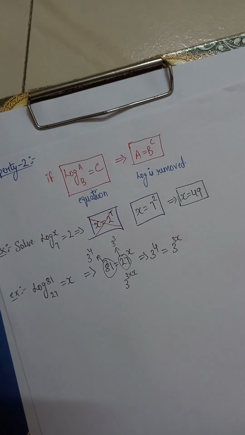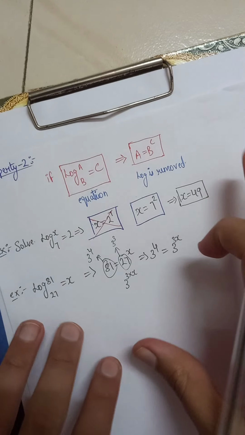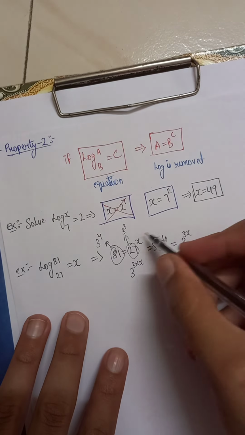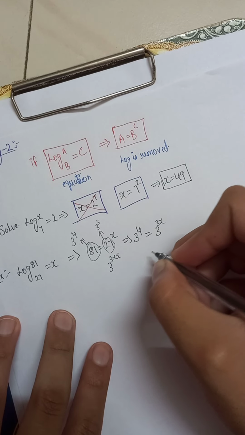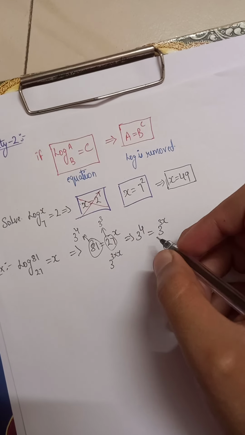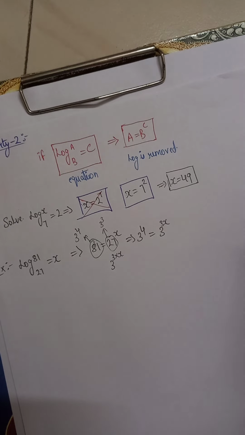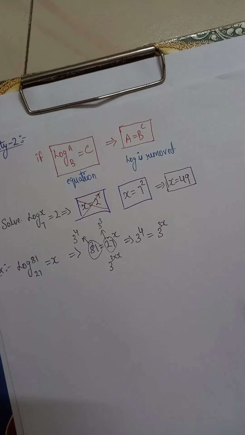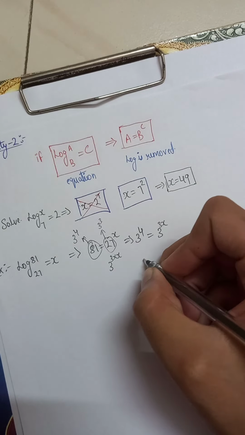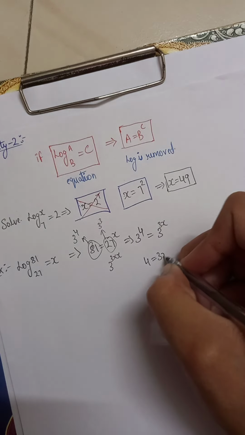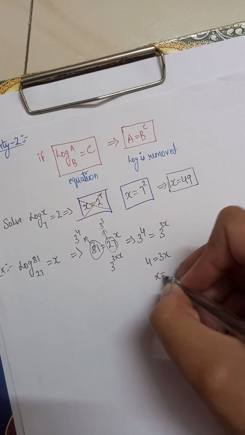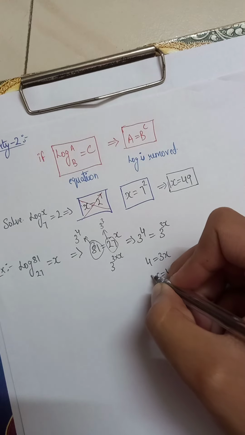According to exponents, when bases are equal, you can compare the powers. If you don't know this property, you can make a note beside this and write it. So 4 is equal to 3x, so x is equal to 4 by 3.